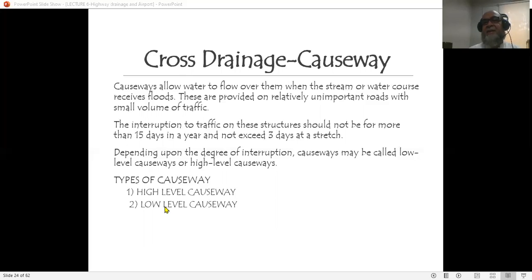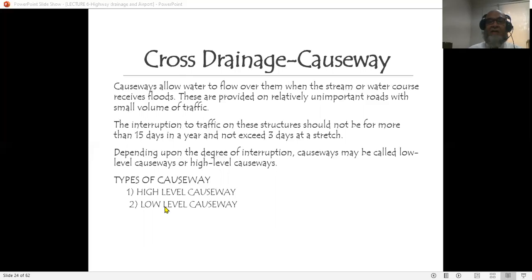Just like when we had rain in Karachi, and one of the causeways near Baloch colony got overflowed. But mind you, for me, it is a high level causeway. Most of the time, you don't have to close the road, but if the floods are exceptional, then these causeways are damaged and they cannot be opened to traffic.